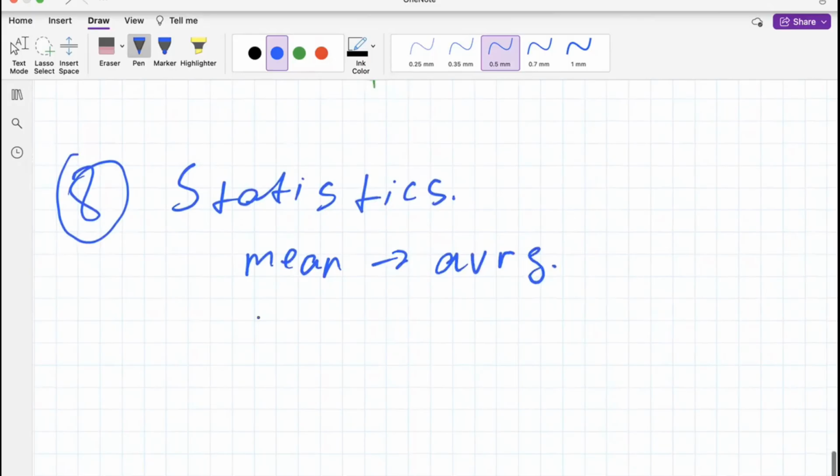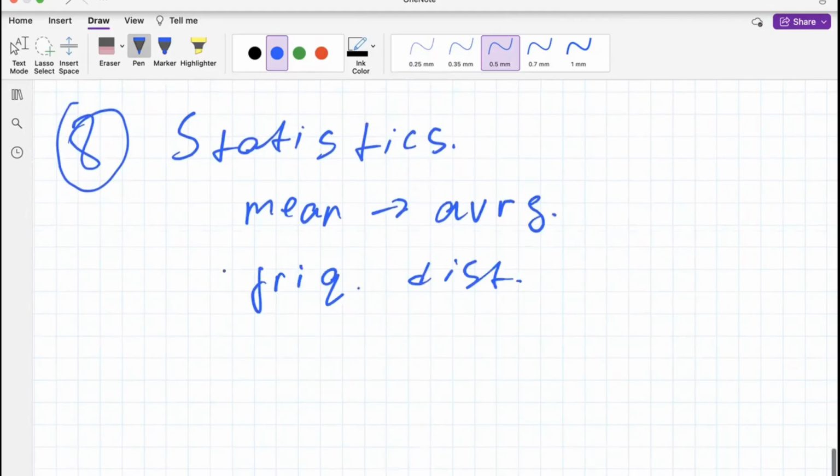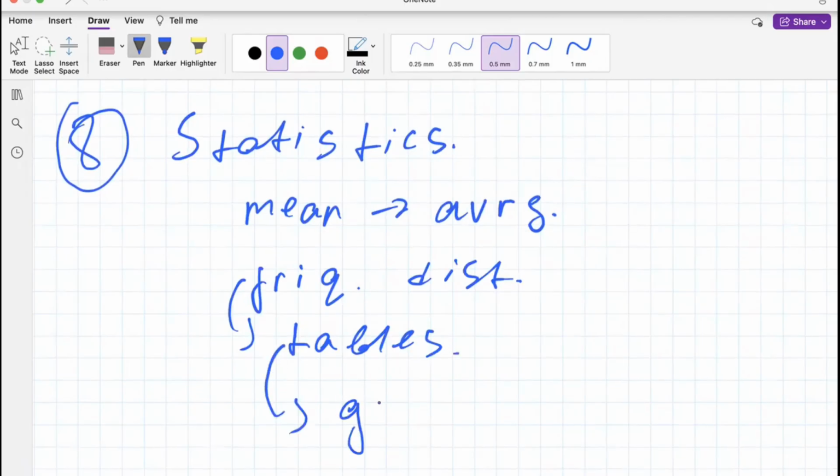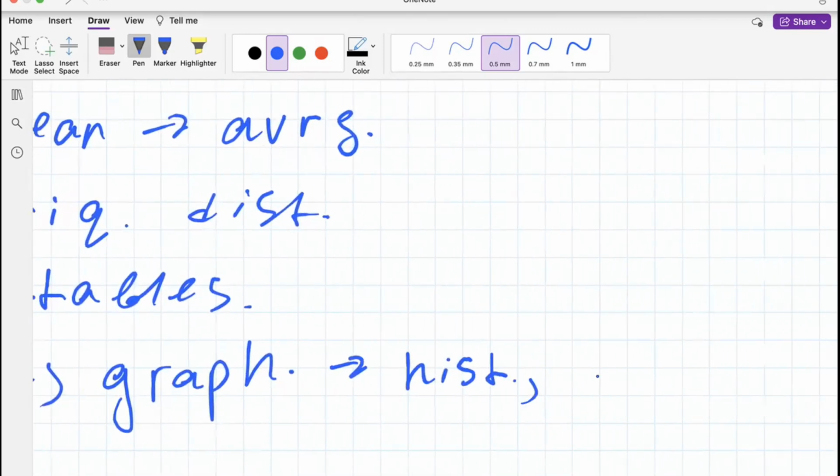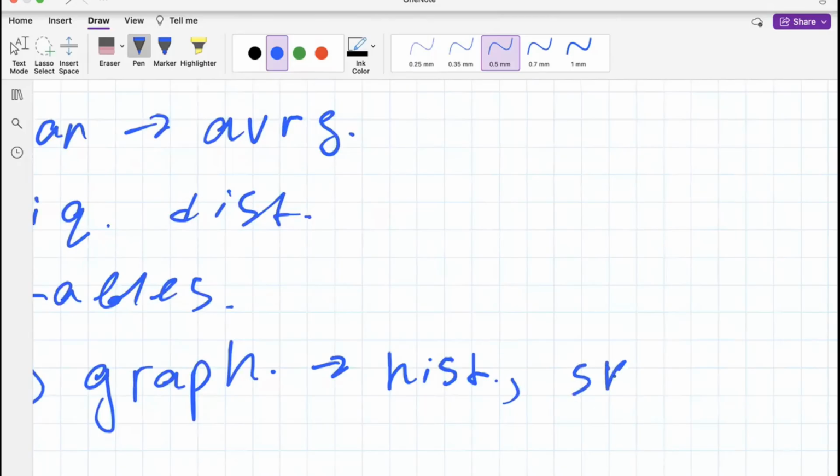And then we'll go for frequency distribution. Then once we know frequency distribution, we'll go for tables. Once we know the tables, we'll go for graphs. Usually graphs could be a histogram, it could be some sketch, and so on and so forth.